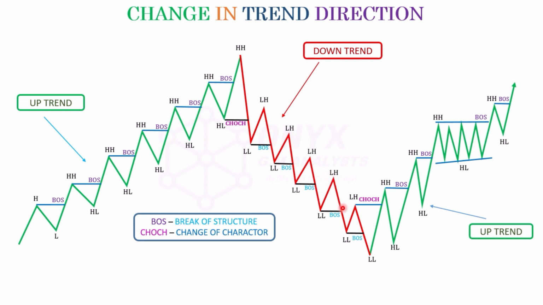The market goes down, forms a lower low, lower high, another lower low. But notice this here. Instead of the market forming a lower high, just like it did here, without breaking the previous lower high, the market this time around breaks this previous lower high.